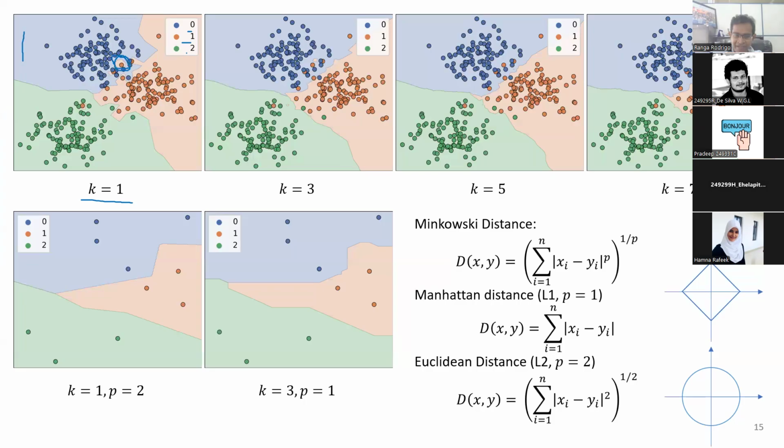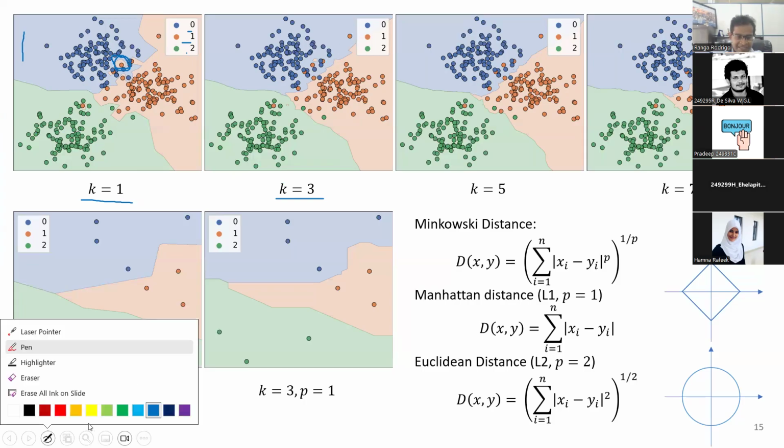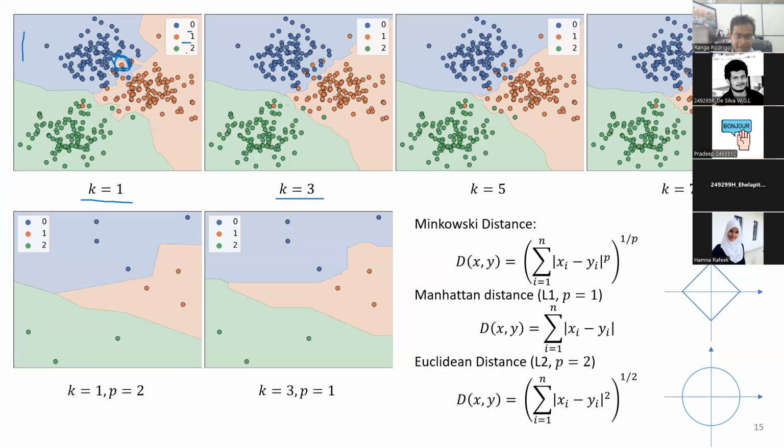Then I have drawn k equals 3. In k equals 3, you can see we consider 3 nearest neighbors. So in this region, you can still see blue, not orange. The reason is that when you consider 3 nearest neighbors, 2 of them will be blue, not orange.